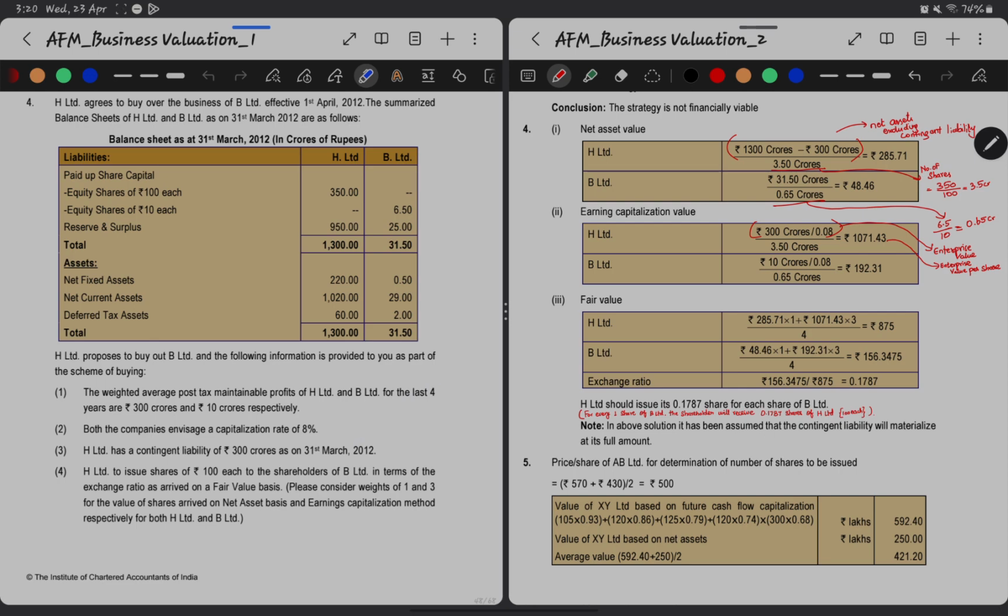That will be the net assets. Why this assumption? Because in general scenarios, even if we are acquiring a business, we will be doing the due diligence and checking the worth of the business.